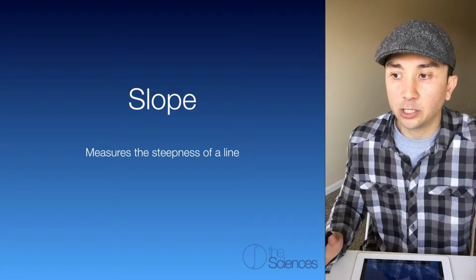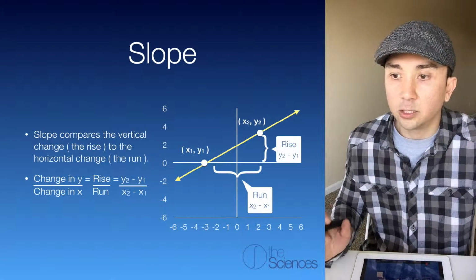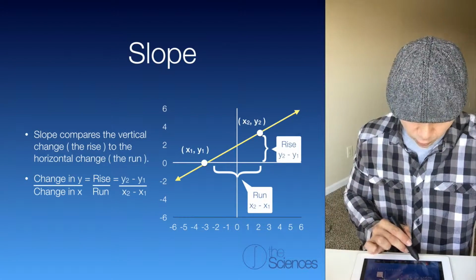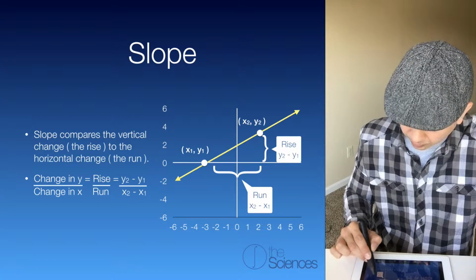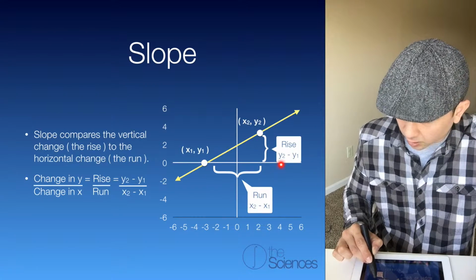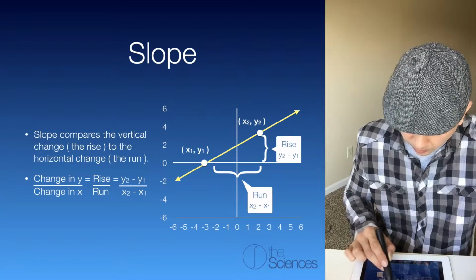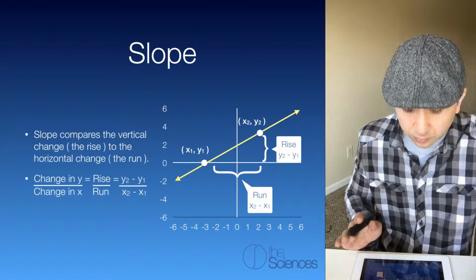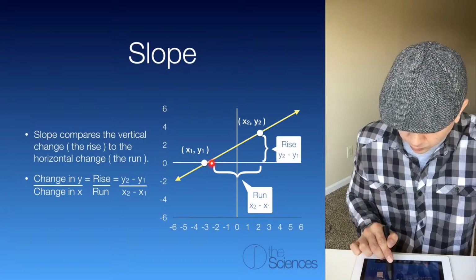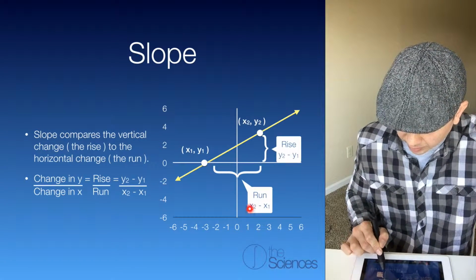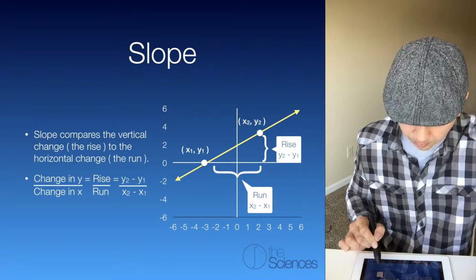Now, a slope measures the steepness of a line. So the slope compares the vertical change, which is the rise, and has the equation y2 minus y1, to the horizontal change, which is called the run, and has the equation x2 minus x1.